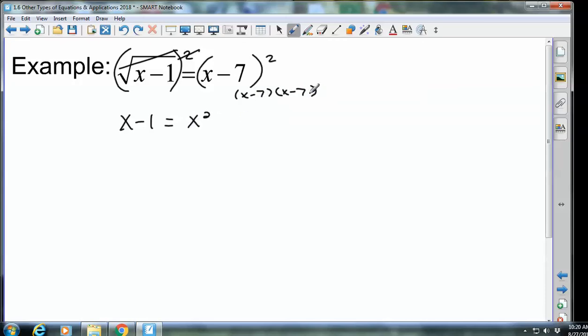So that gives me x squared minus 7x and minus 7x would be negative 14x plus 40. Are you guys okay with my foiling if I start combining those middle terms as I go? I didn't lose anybody. It's a quadratic, so set it equal to 0. So I have to subtract my x and add my 1.